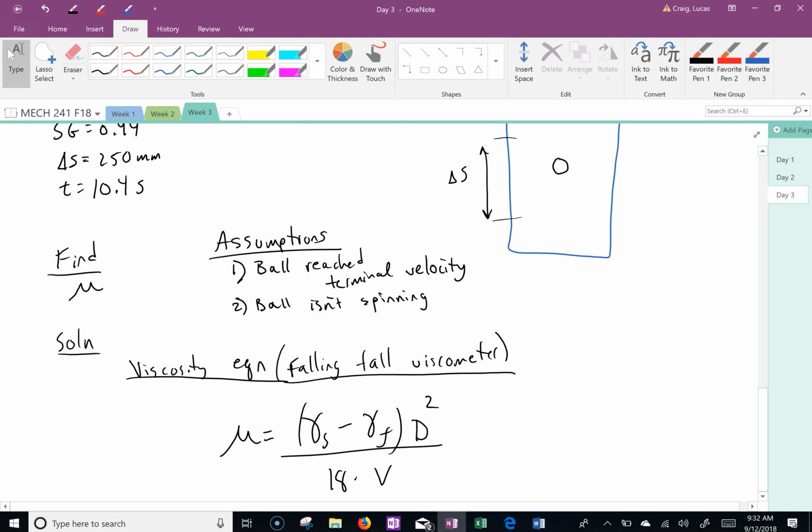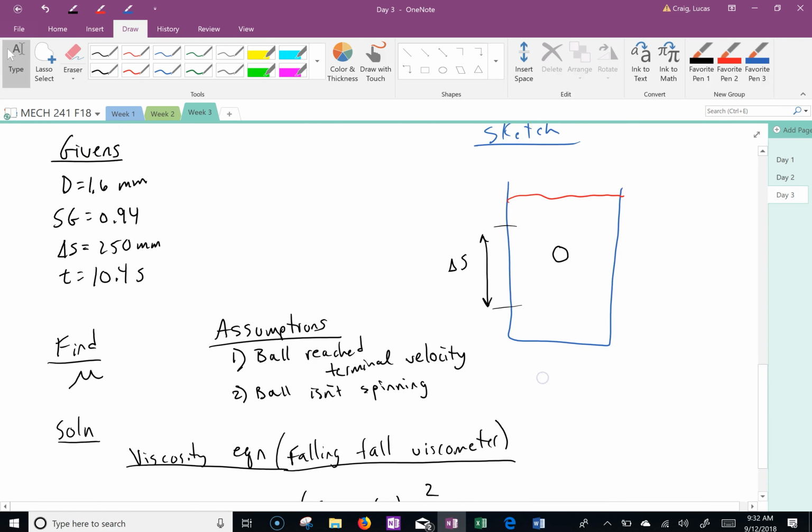Diameter. Do we have the diameter of the ball? Nope. But let's convert it. So what do we need to do? Why, does it say it's the radius? Yeah, we want to divide by 2.